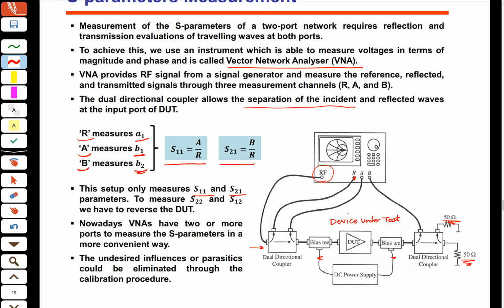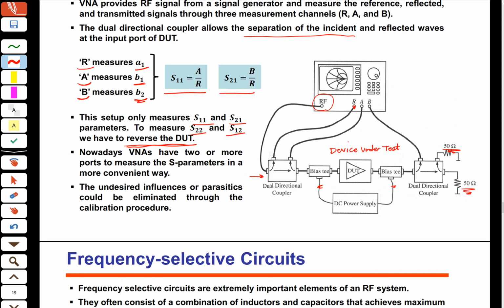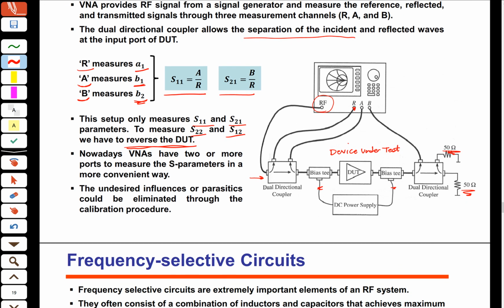And then if we want to measure the S12 and S22, then we need to just do it the other way around. I mean, rotate, turn around this device under test, but the current network analyzers already have two ports, and you can do it at the same time.